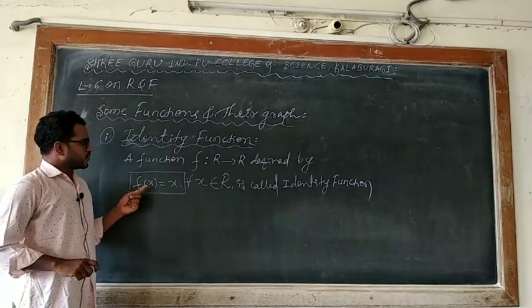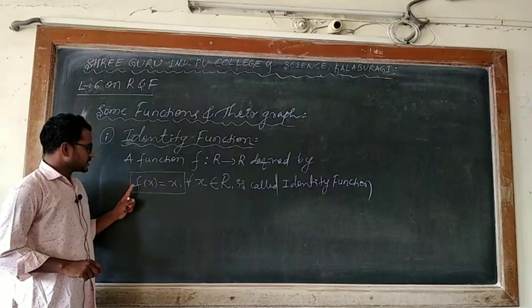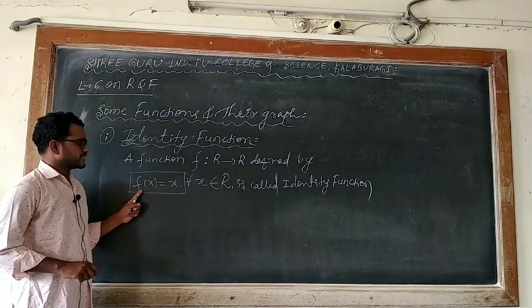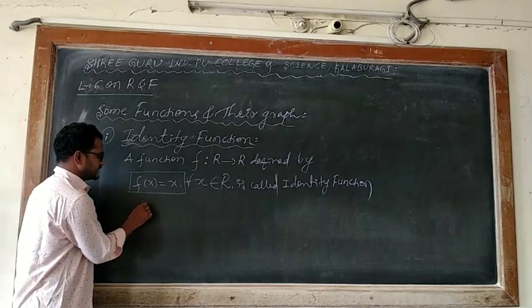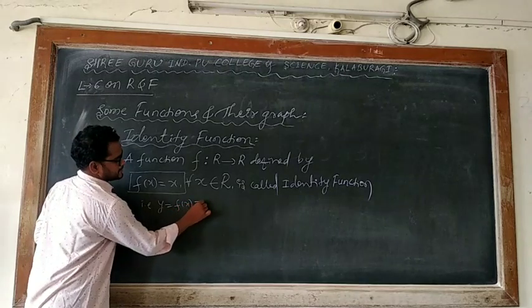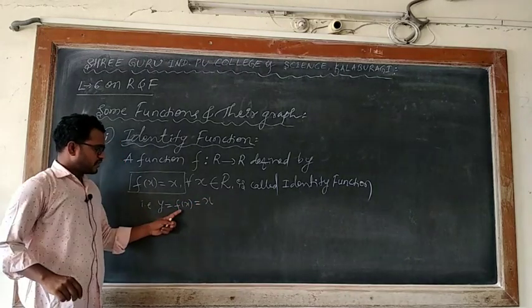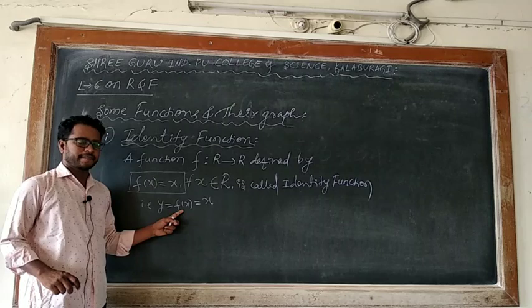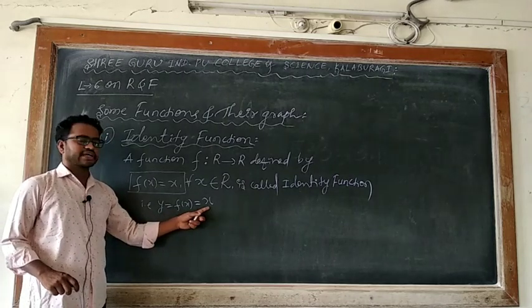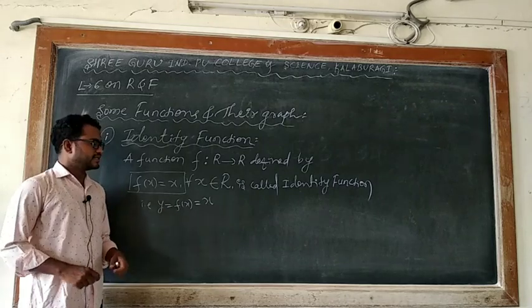Why is it the identity function? Whenever we say f of x is equal to x, we can say y is equal to f of x is equal to x. Because why is it an identity function?